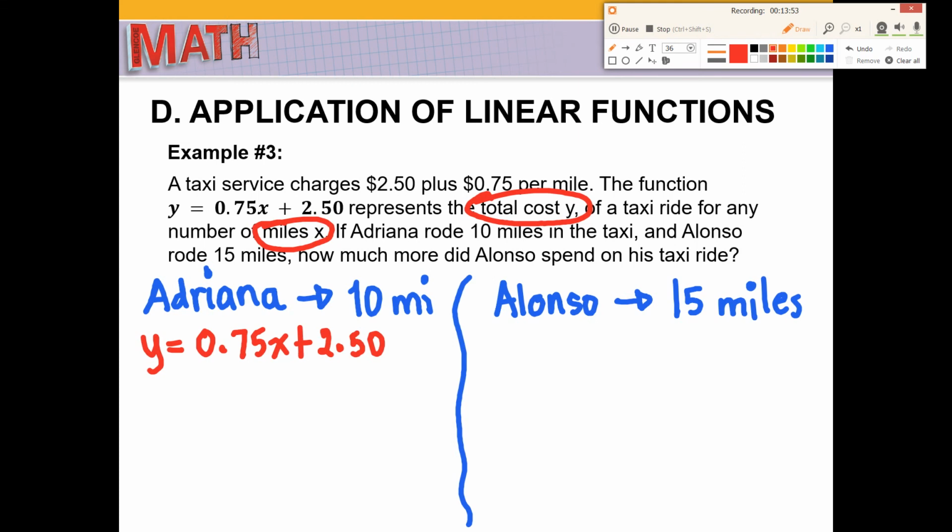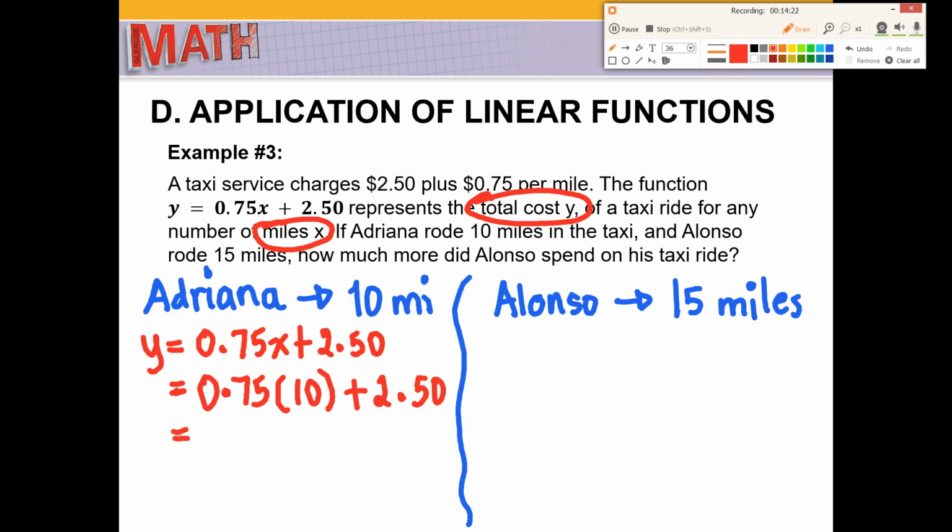So what we have to do here is to exchange the x with 10. And for Alonso, we have to exchange or substitute the x with 15 miles. So let's do that now. So I will have here 0.75 and then x will be 10 plus 2.50.